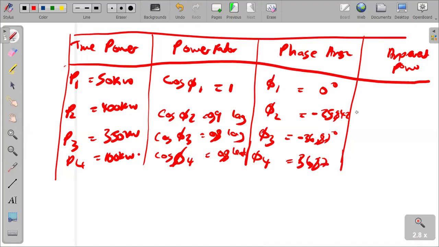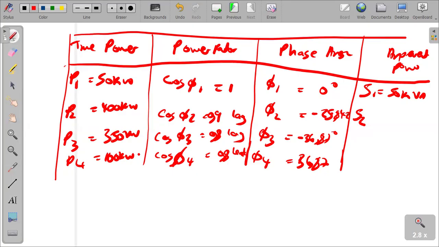Therefore, apparent power can be calculated. S1, apparent power, is equal to P over cos phi 1. So it's 50 over 1, and it will still give me 50 kVA. And that marks my S1. S2 is again 400 kilowatts divided by cos phi 2, which is 0.9.